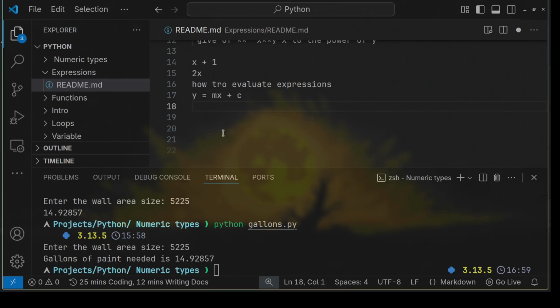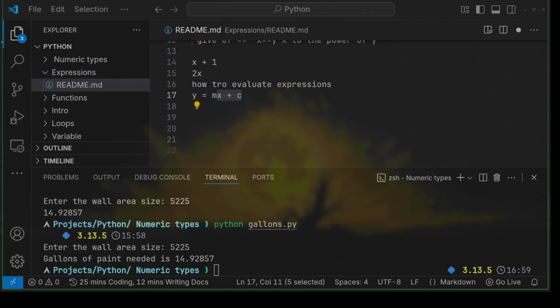This is what the expression has been evaluated to. That's how we evaluate an expression. We give it a value. An expression evaluates to a value which replaces the expression. So here y replaces this expression.